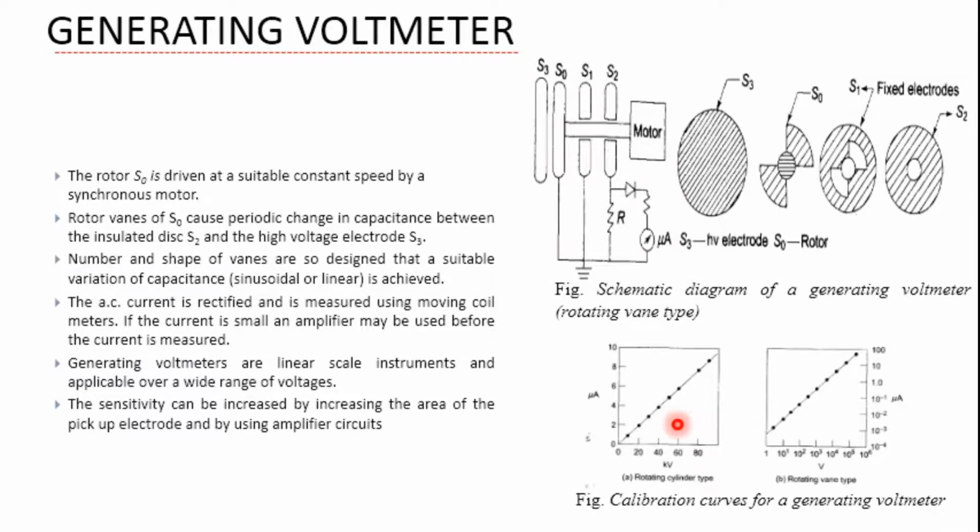This is the working principle of how we measure the voltage in terms of the current. These are the different types of electrodes, the vanes of S3, S0, S1 and S2. Again, these will change depending upon the manufacturers.